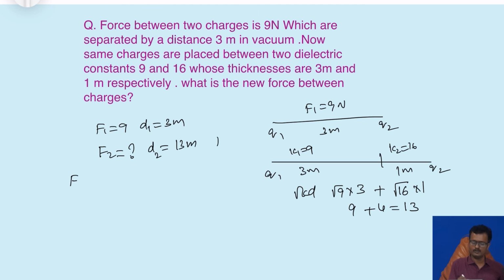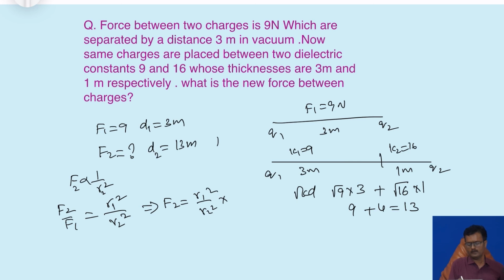So what is the formula? F is proportional to 1 by r square. See here, F2 by F1 is equal to r1 square by r2 square, so F2 is equal to r1 square by r2 square into F1.